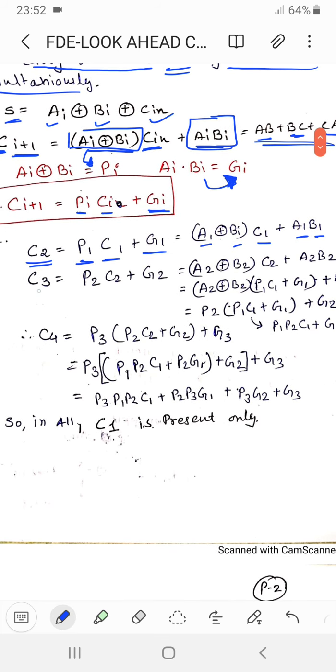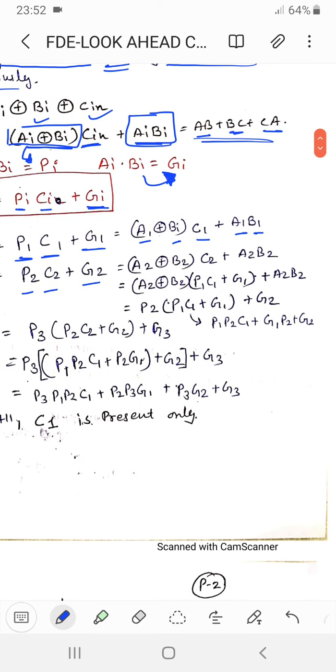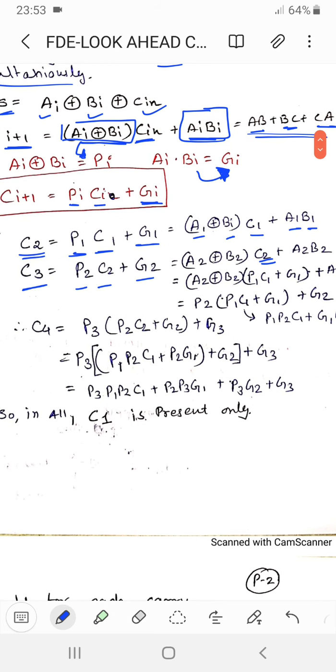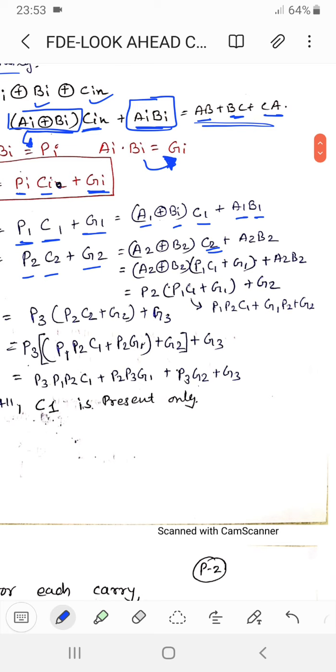Now if we find the carry for the next stage, that is C3, it is P2 into C2 plus G2. Let me simplify it by the equation. Here I am putting the value of P2, A2 XOR B2 multiplied with C2 plus A2 B2. Further we simplify C2, because we already have the value of C2 from the above equation, that is P1 into C1 plus G1.